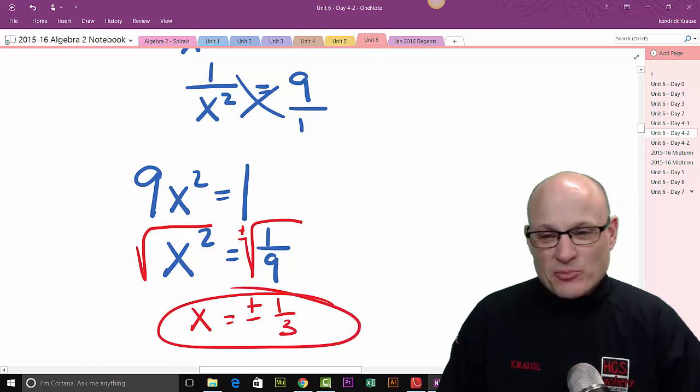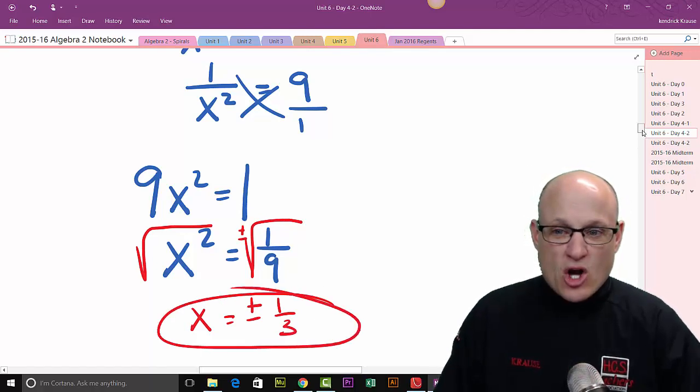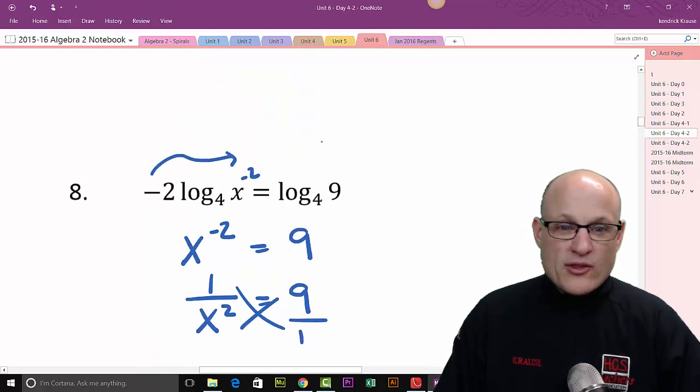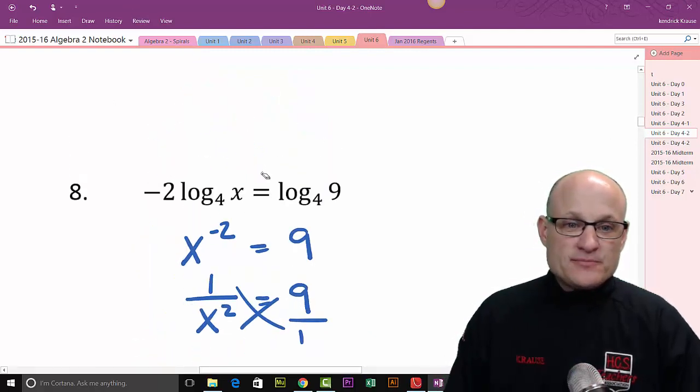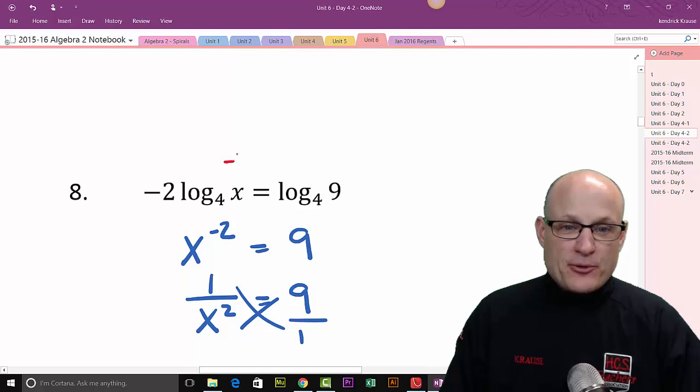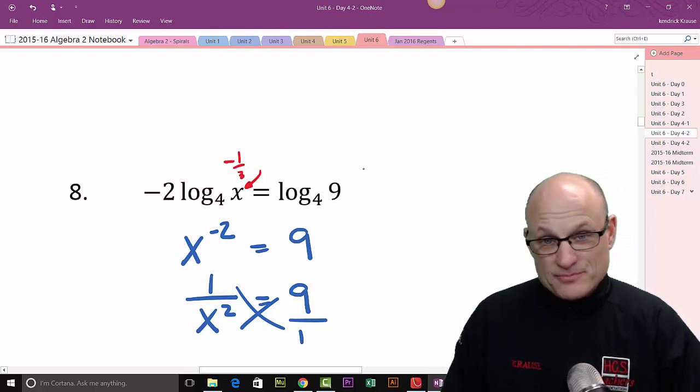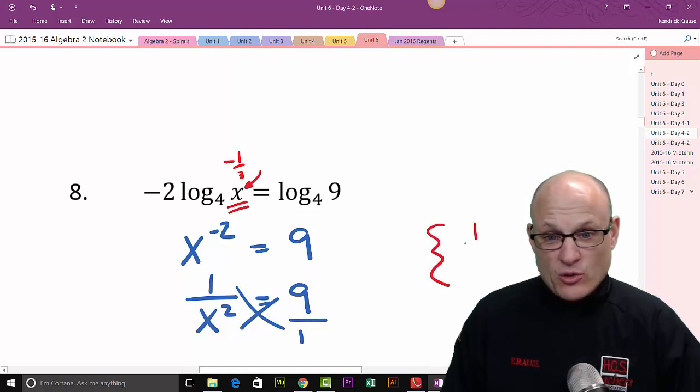Now, I keep forgetting to do this, but you are supposed to check all logarithmic solutions. If I put in -1/3 right here, I would have a problem, because I can't take the log of -1/3. So my solution for this one is 1/3. Not -1/3, just positive 1/3.